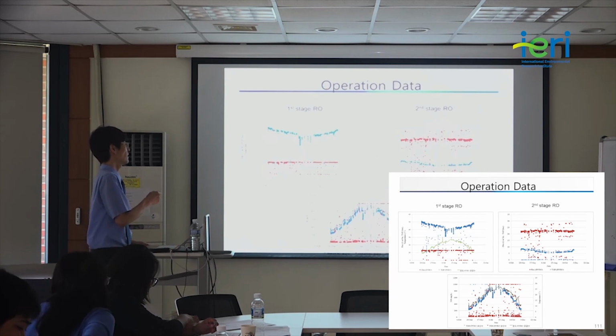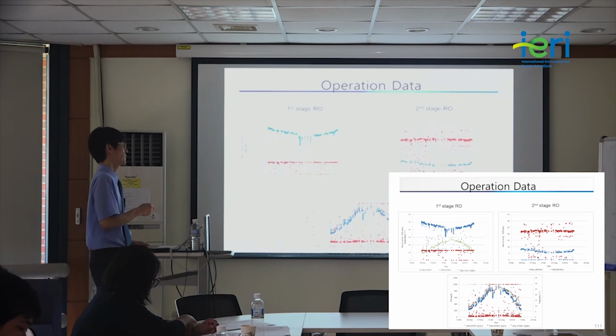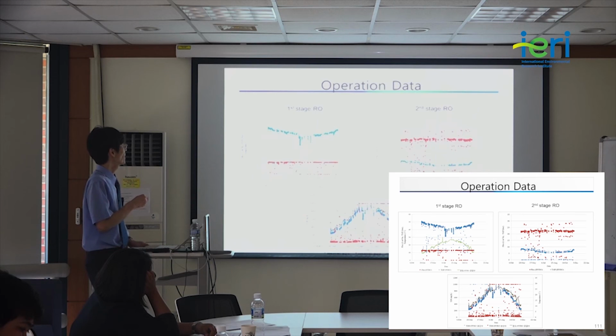So that's the graph for the first stage reverse osmosis, and this is the graph for the second stage reverse osmosis. The red line is flux, and the blue line is the applied pressure, and the green line is the temperature.